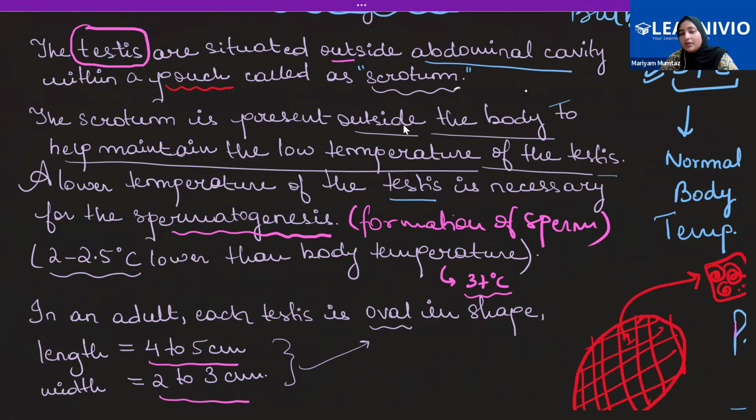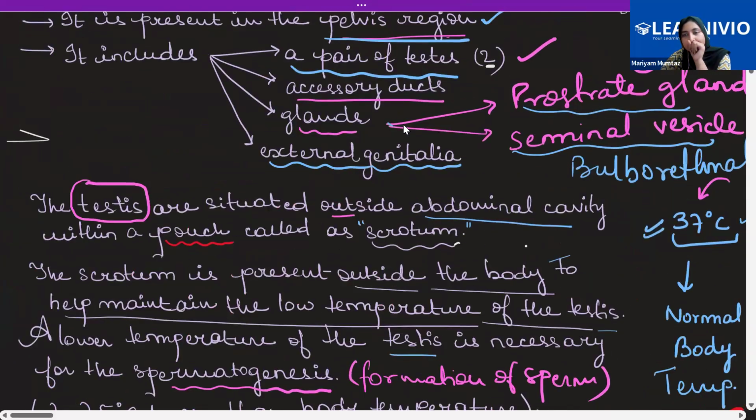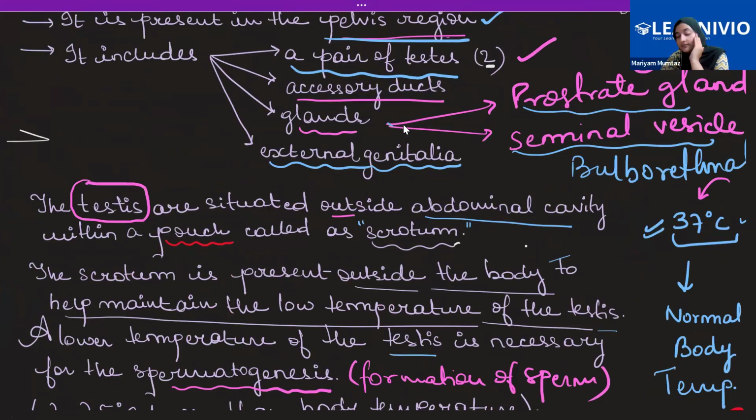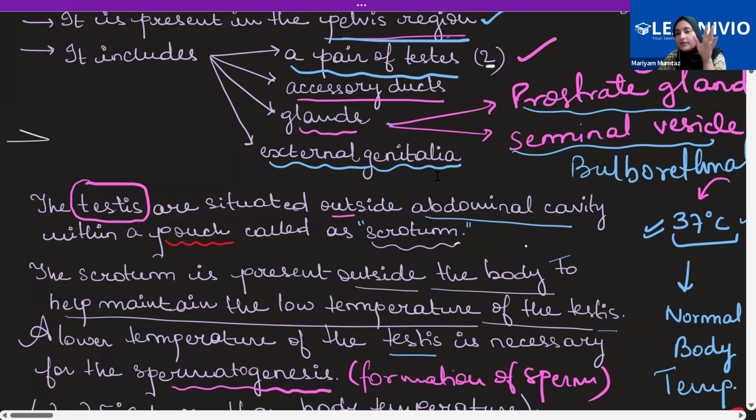So can someone tell me what is the normal body temperature of human beings? 37 degrees Celsius. Okay.